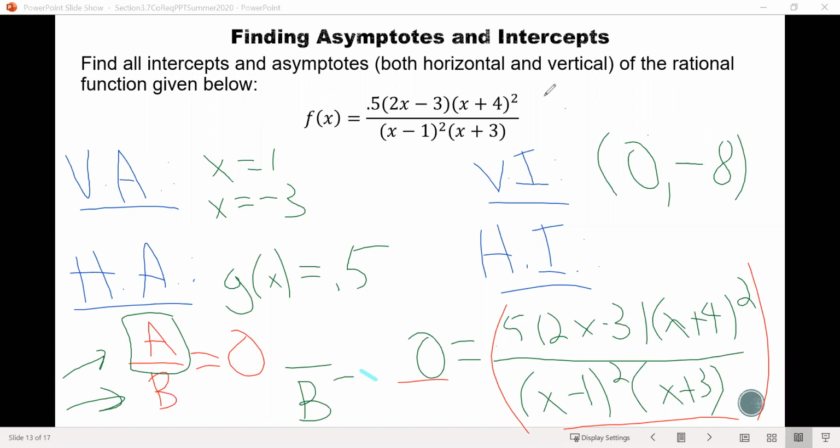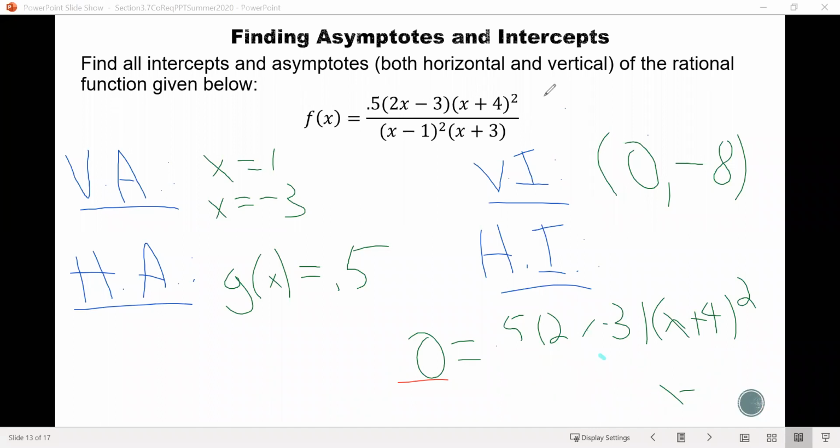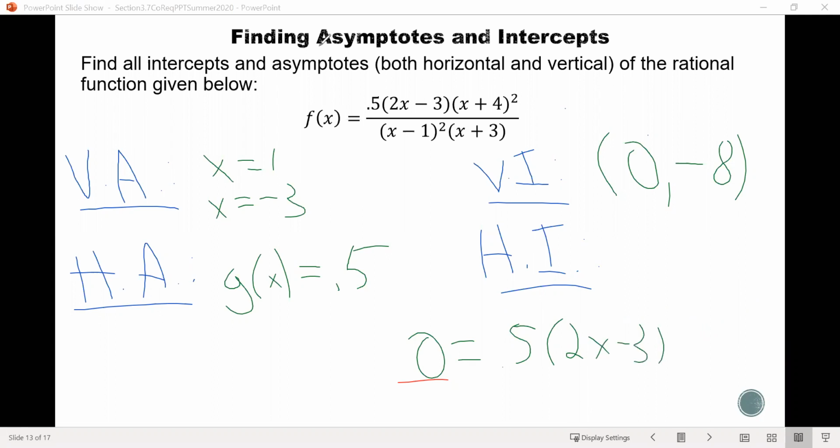So to solve this equation, where we have our rational function set equal to 0, we need to take only the numerator and set it equal to 0. So we would have 0.5 times (2x minus 3) times (x plus 4) squared equals 0.